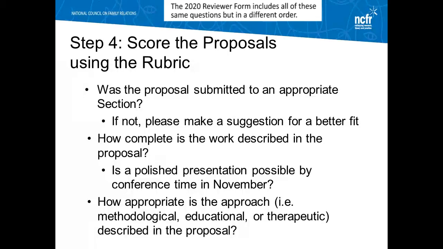Is that appropriate considering the research questions and the implications, for example? It may be the educational or pedagogical approach if we're looking at a program or a resource that the proposal is describing. Or is the therapeutic approach appropriate in a family therapy proposal, for example?